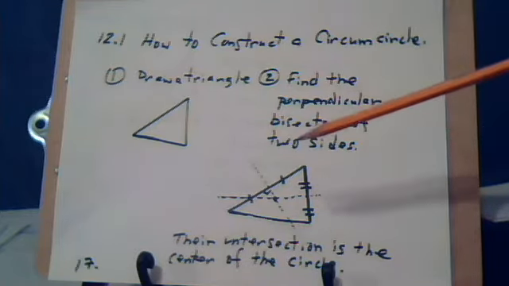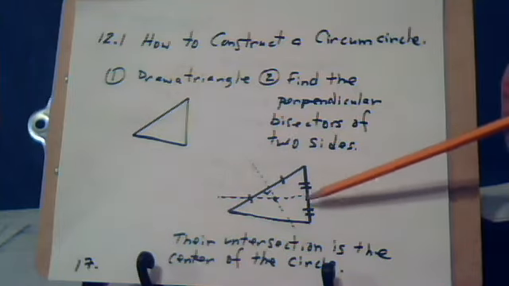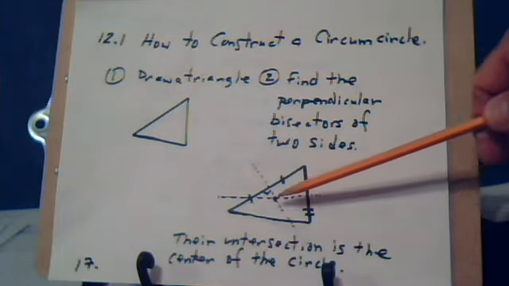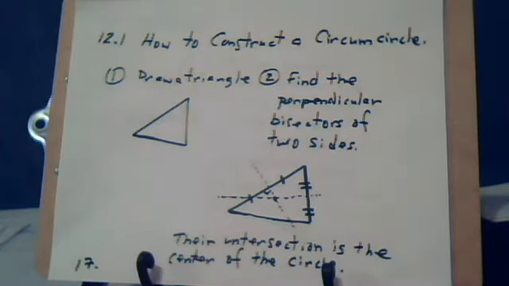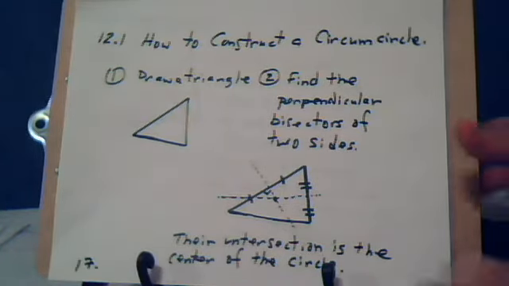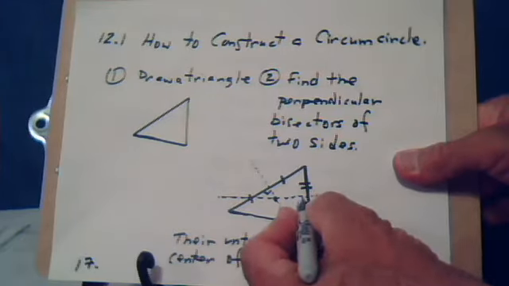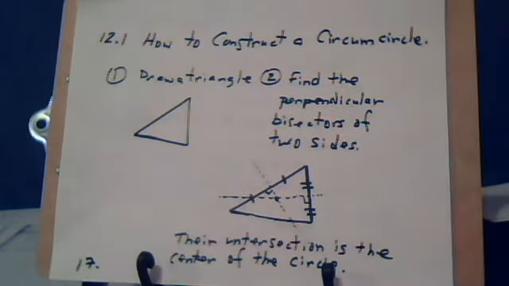Take two sides and find the perpendicular bisectors of the two sides. So here's a perpendicular bisector of one side and a perpendicular bisector of the other side. When those two perpendicular bisectors intersect, that's going to be the center of the circle.